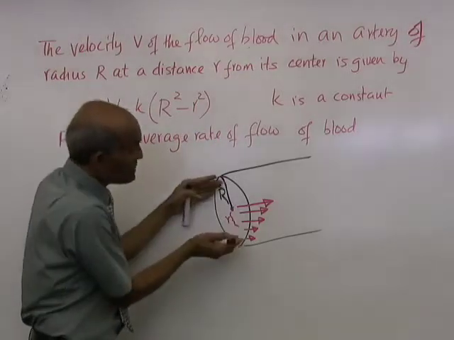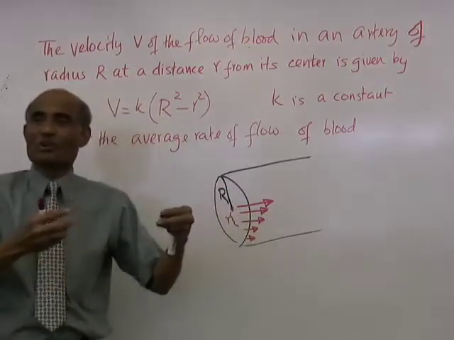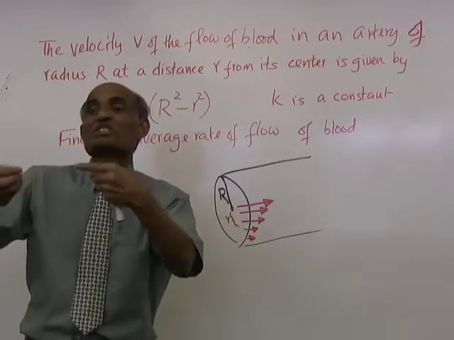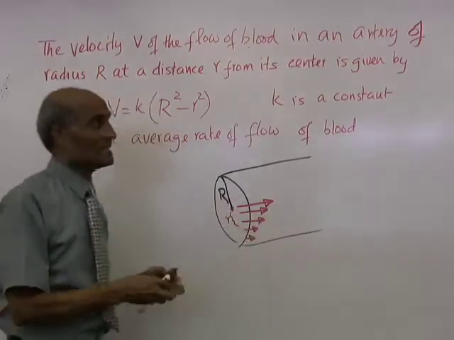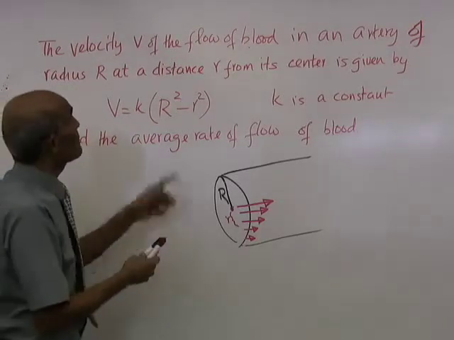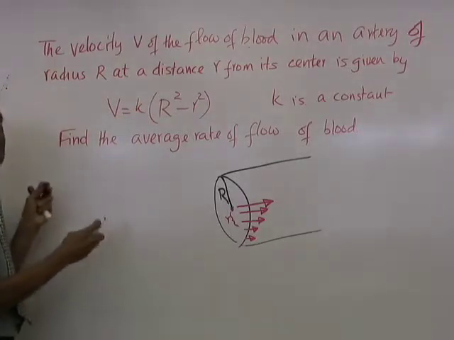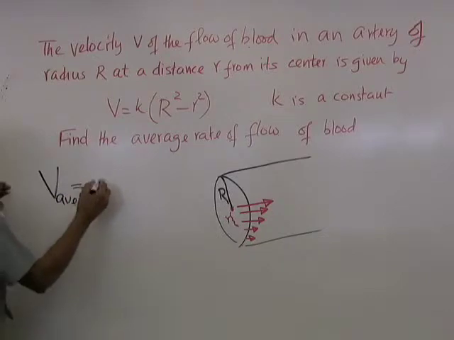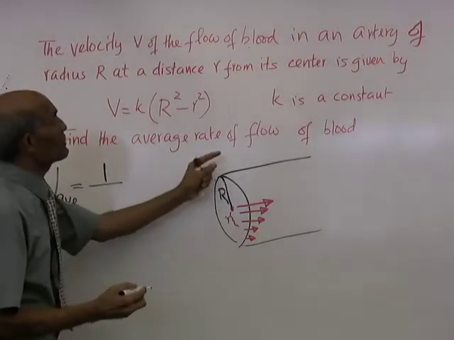Now, the question is, what is the average flow rate? If you want to talk about how much blood flows through the vessel in a certain amount of time, we need to know the average flow rate. The average flow rate is the average value of this function. What is the average value of a function? We want V average, which is 1 over b minus a.